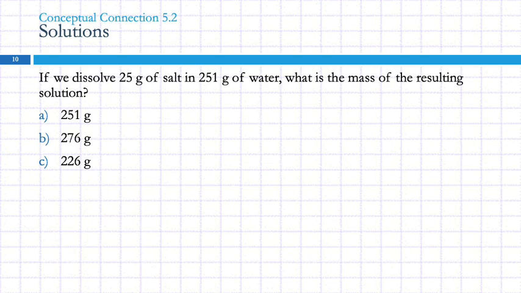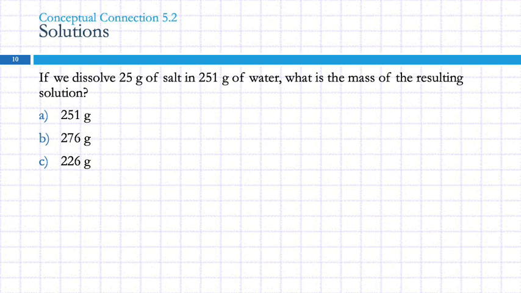Okay, let's think about this one. If we dissolve 25 grams of salt in 251 grams of water, how much is that solution going to weigh? This is not exactly related to anything we've been talking about, is it? Well, what does common sense say?